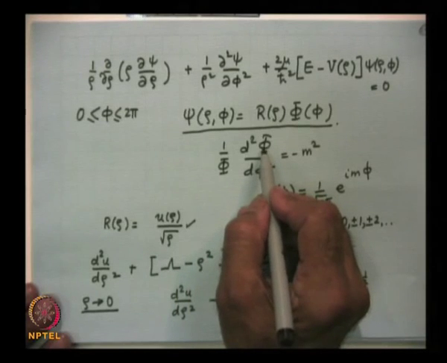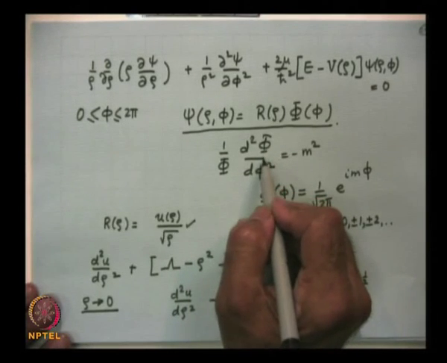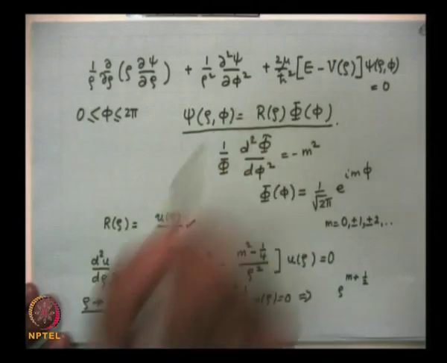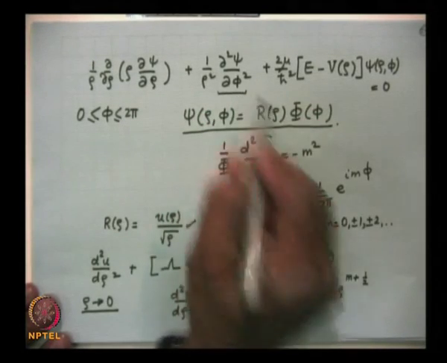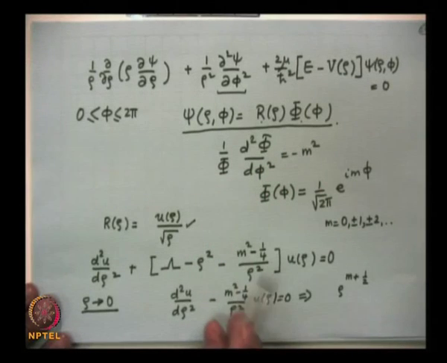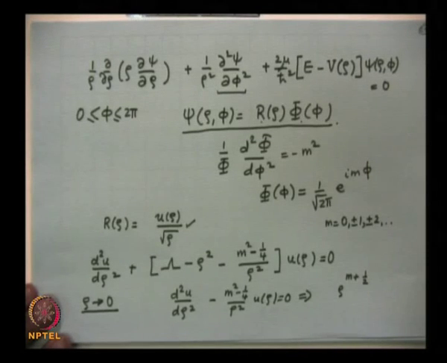So, this term will separate out. If you multiply this equation by rho square and then divide by R times phi, you will have a term which depends only on phi, and the remaining terms will depend on rho.